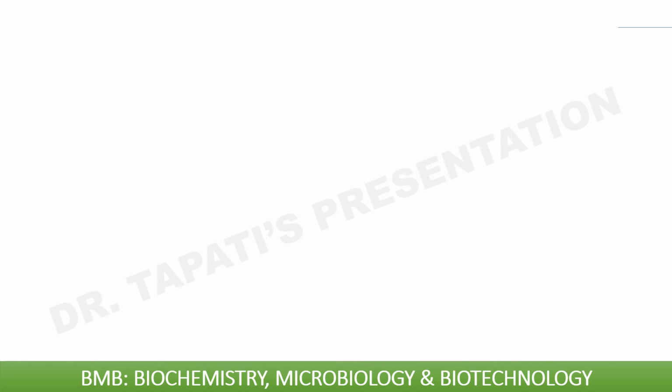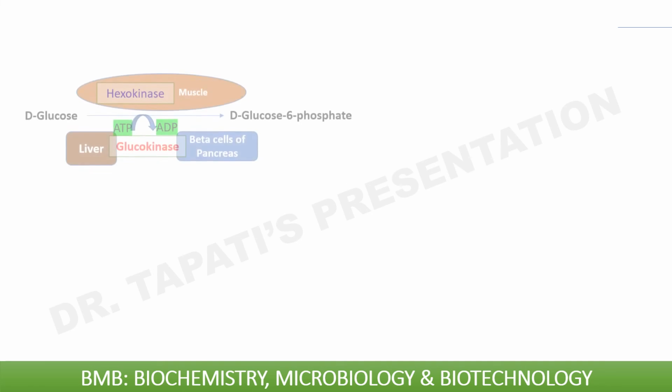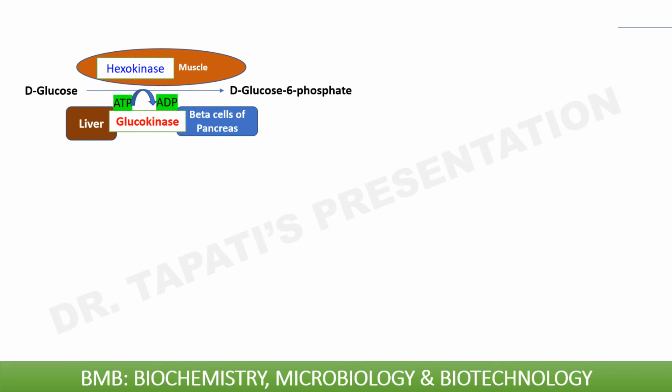Now I am going to compare Km values of two enzymes catalyzing the same reaction. Then you will understand the significance of Km very well. Glucokinase and hexokinase are isoenzymes which phosphorylate glucose to glucose 6-phosphate, trapping glucose inside the cell.